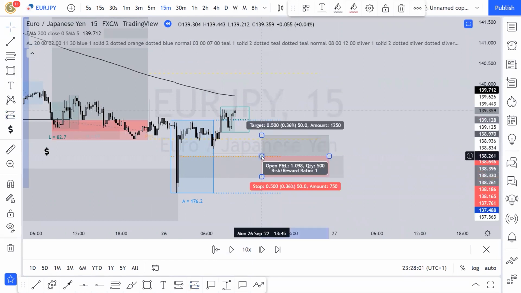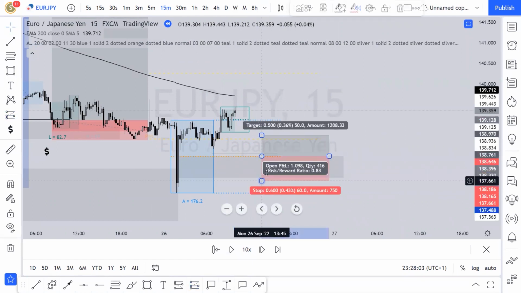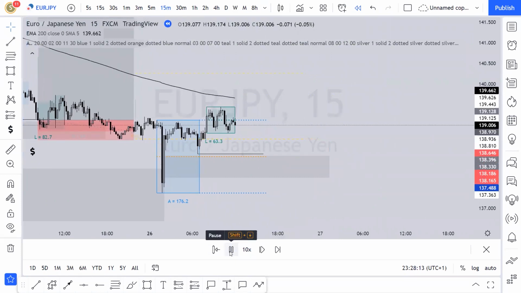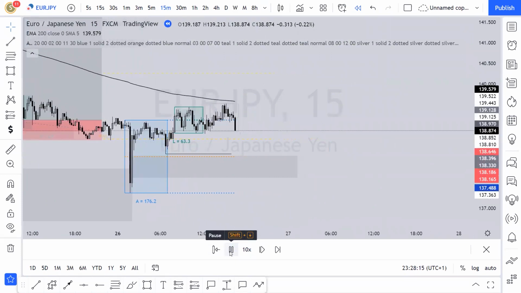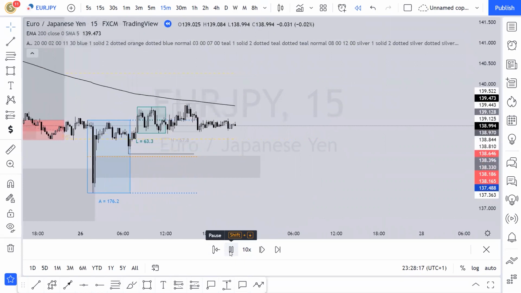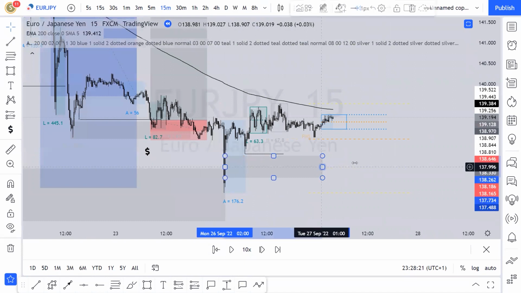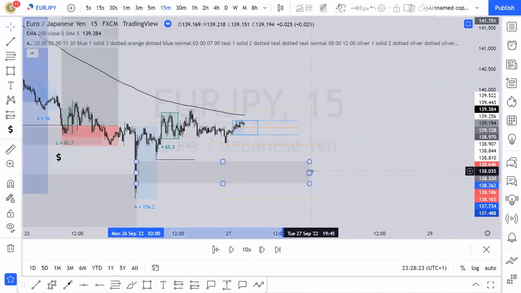Once price gets there and gives us some possible intent or move, then we want to actually buy. So let's see. All right, I don't think price got there that day.